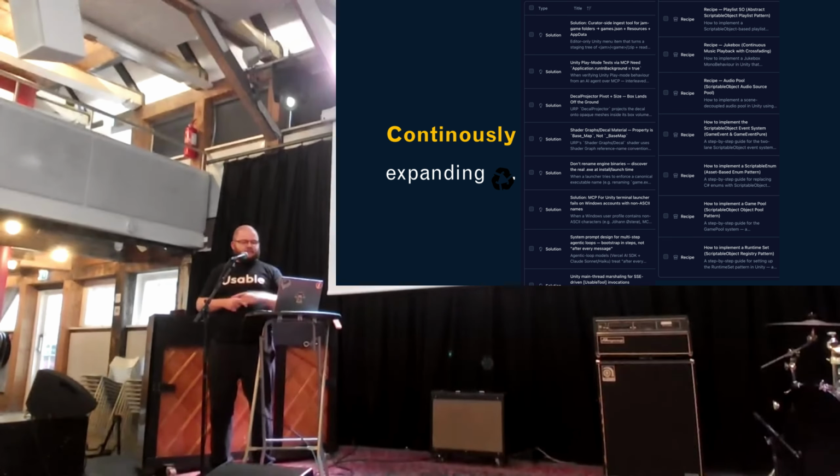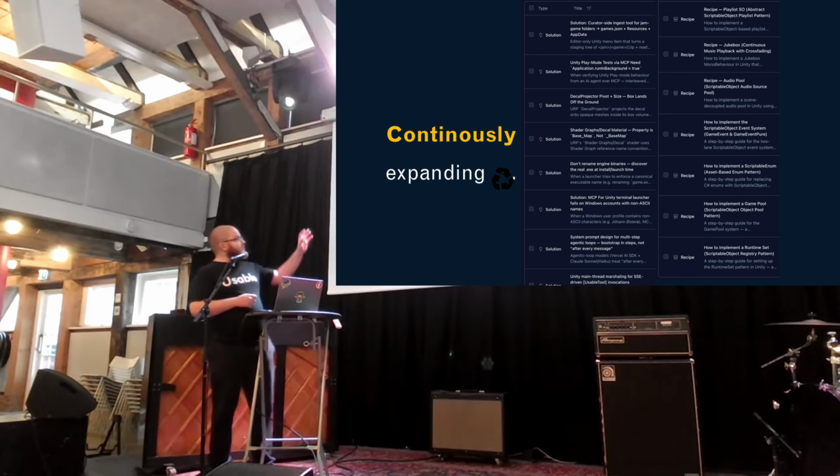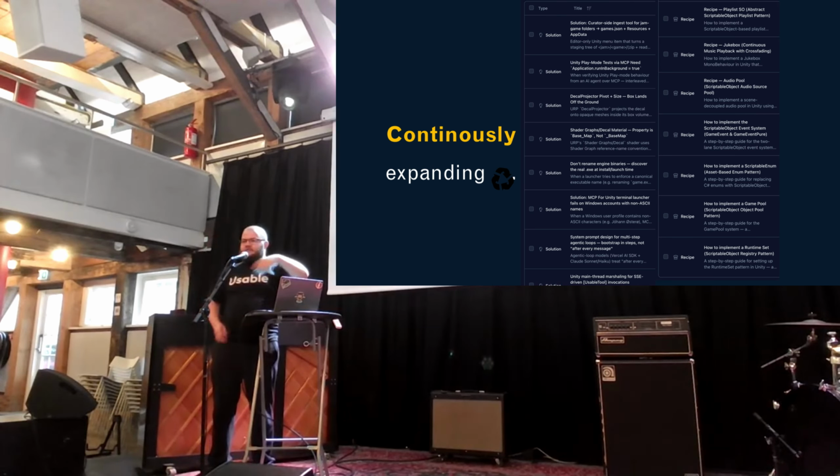And the fun part, which I've kind of been talking about this entire time, is that as you develop things, I have something called recipes and solutions. So recipes is just, how do I build a camera controller so I can move the camera around in the scene? Or how do I build an enemy spawner or whatever it is, right?